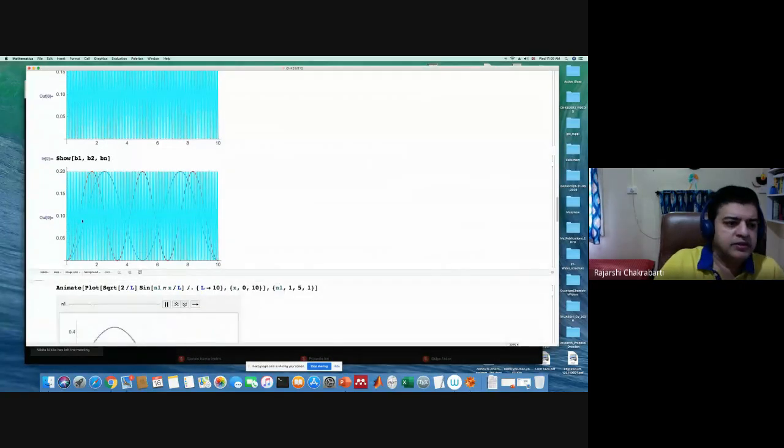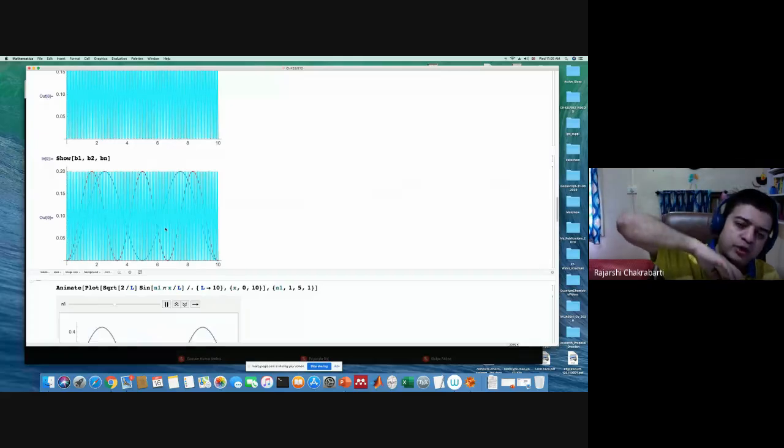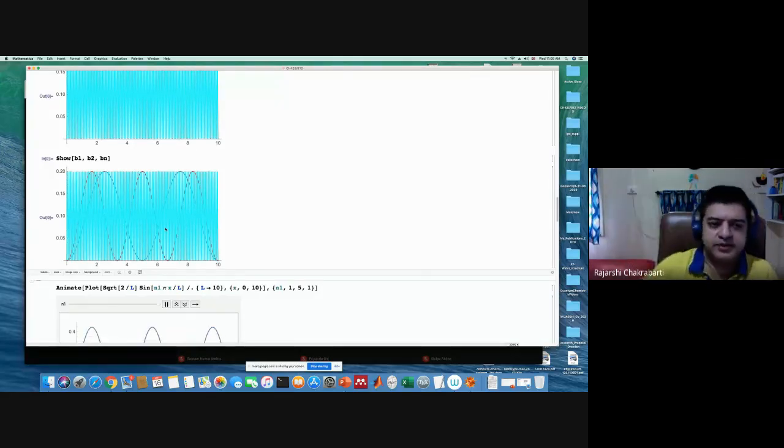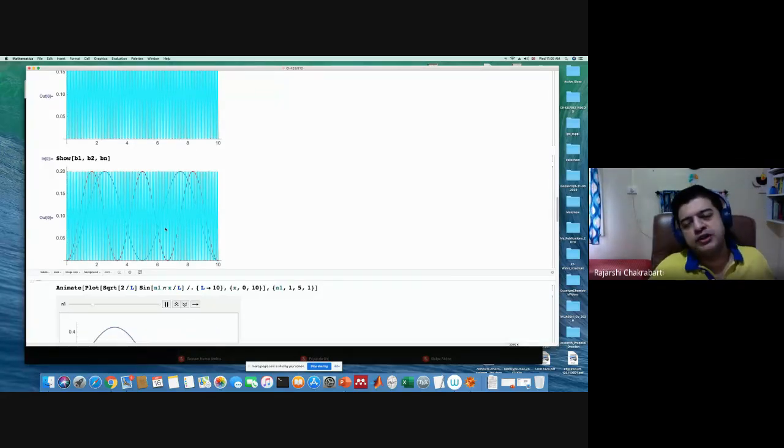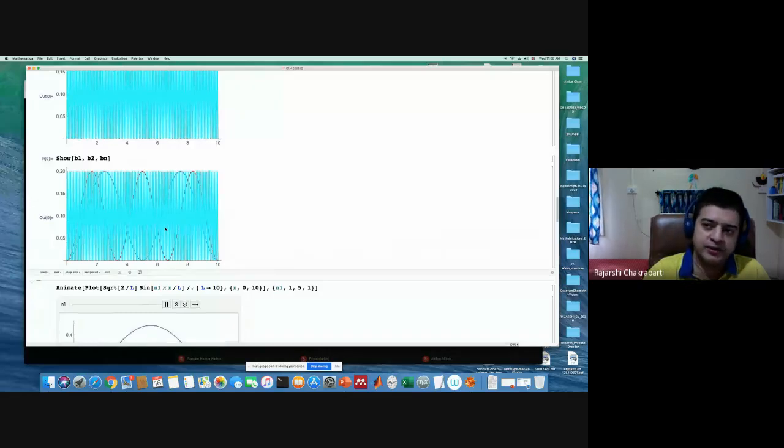The red one is for n equal to 2, the dark blue one is for n equal to 1, and the cyan one is for very high n. When I go to high quantum numbers, my probability density becomes more or less constant, as if we are approaching a classical world. This is what happens when you take a quantum problem and go to higher quantum number.